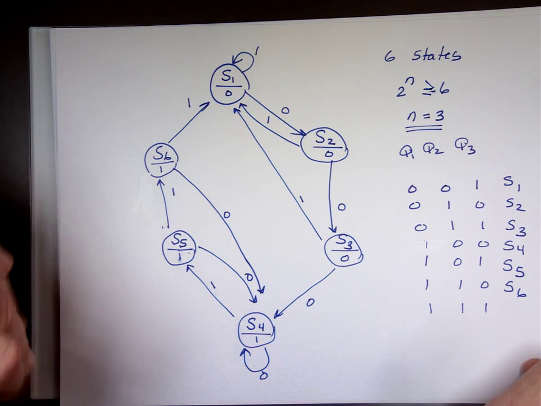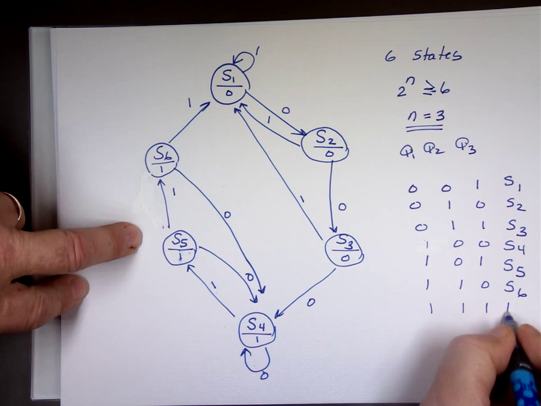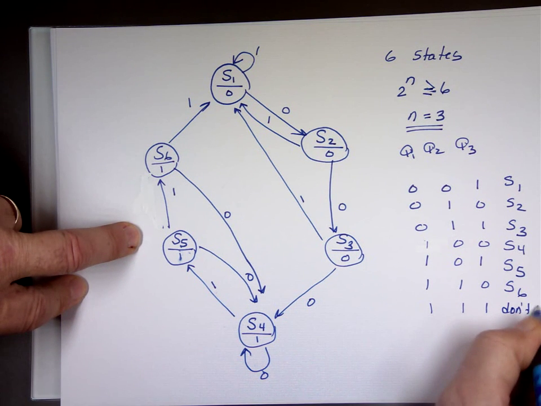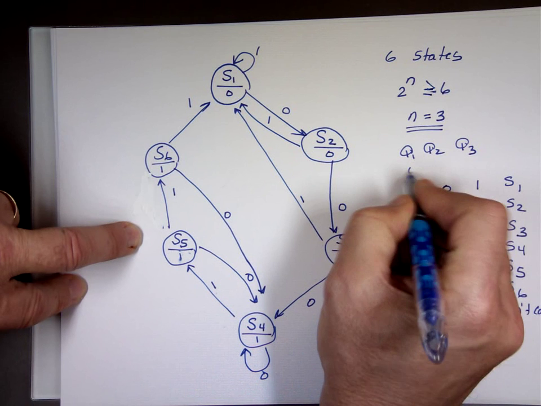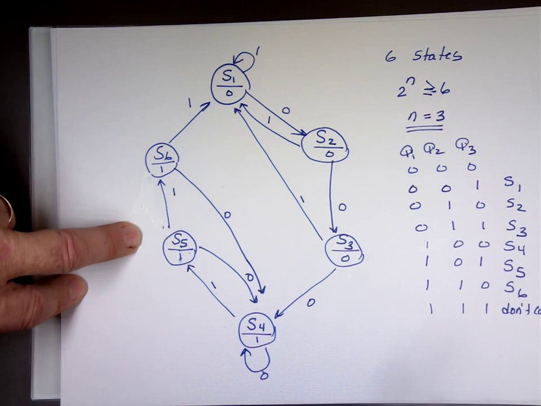We don't have 7. What do you want to make it? Don't care. And what about 0, 0, 0? Don't care.